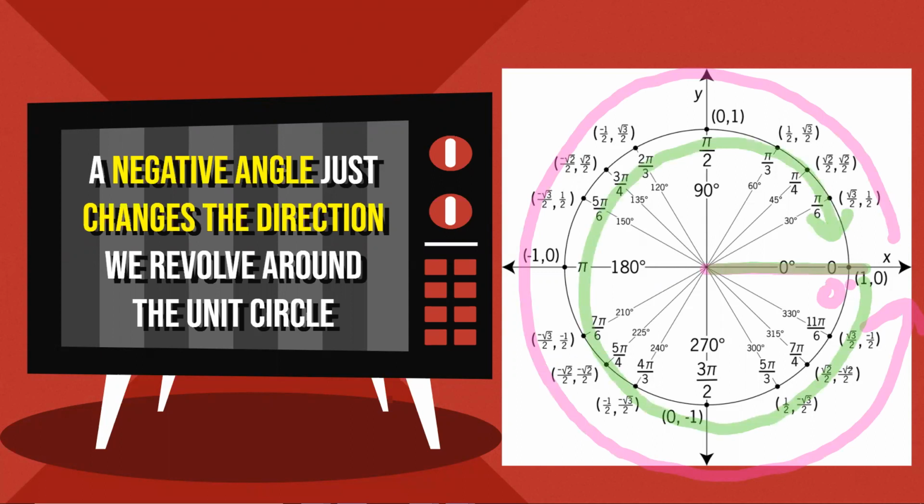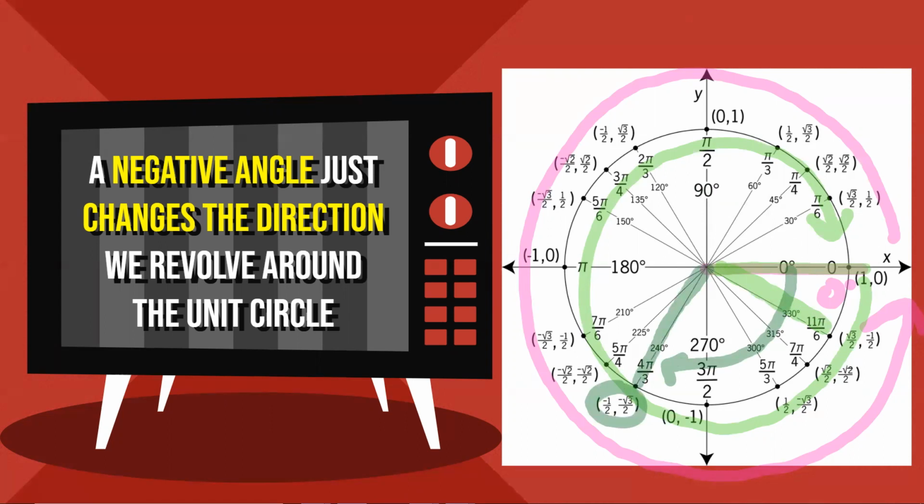So for example, if I wanted to go negative 30 degrees, that would be right here at 11 pi over 6. Or perhaps I wanted to go negative 120 degrees. So instead of going this way 120 degrees, I actually want to go negative 120 degrees. I would end up right here and I would use these coordinates to evaluate.